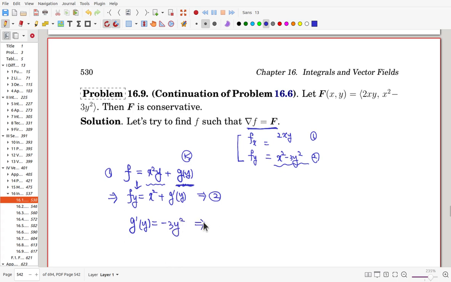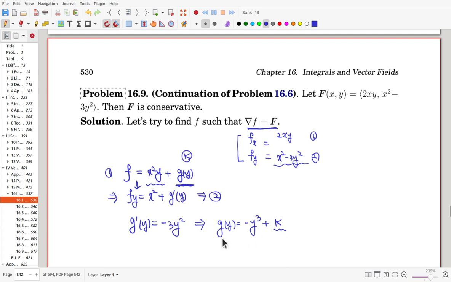So from here, g of y is minus y cubed, and you have to put a constant. Now g is a function of y only, so you cannot put here a function of x. If you want to get a constant, then this is a real constant.